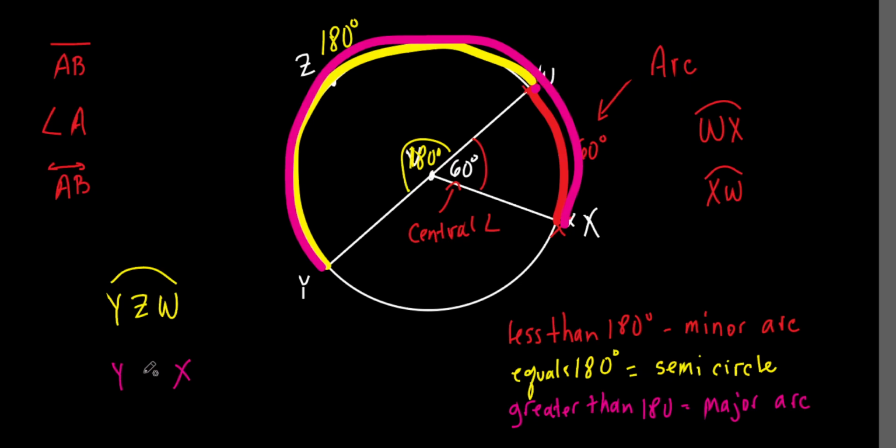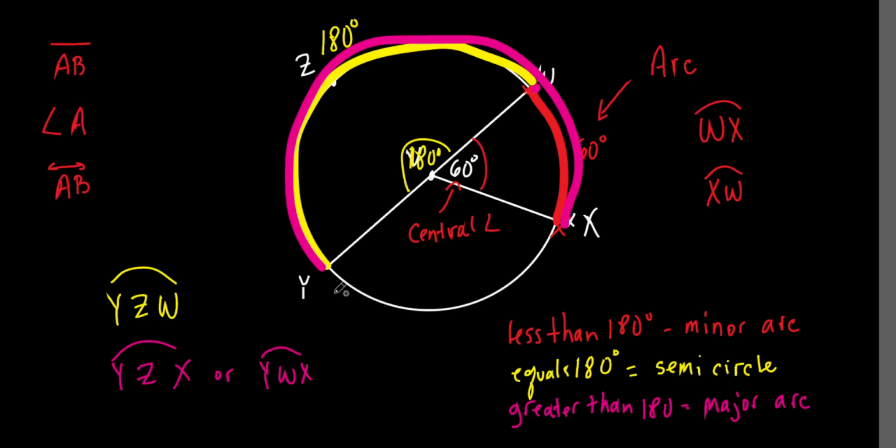Okay? So I could call it arc YZX, or I could call it what? YWX. Isn't that the same exact arc? Or I could go backwards, couldn't I? I could start at X and go XWY. Don't put 4 of them in there. Don't go YZWX. All right, just use 3.